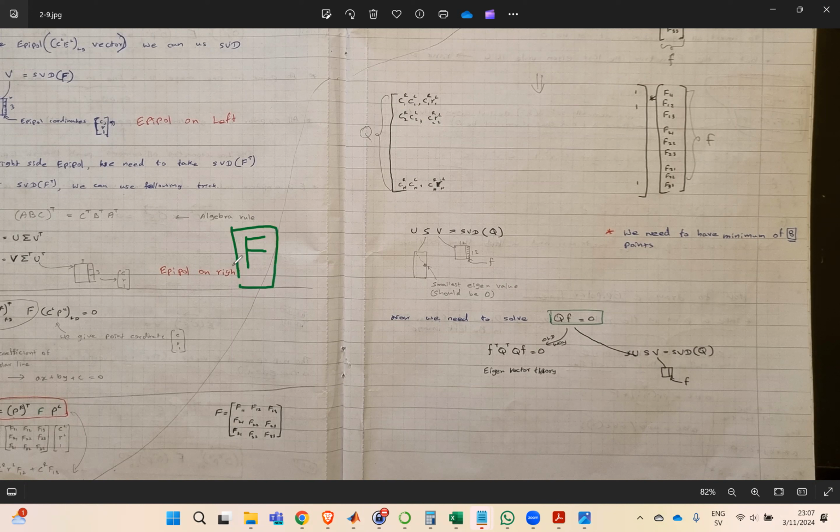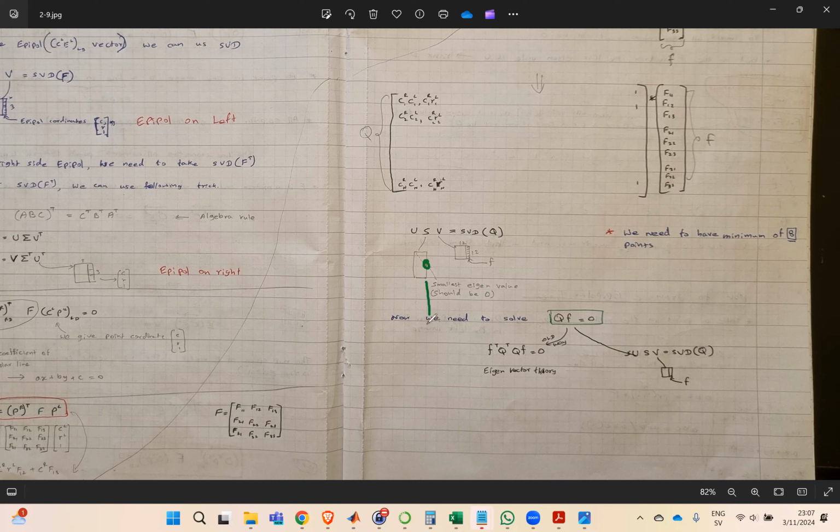The theory says F is not invertible, because one of its eigenvalues is 0. Where are the eigenvalues sitting in SVD? In S. The eigenvalues are arranged so that the last, smallest one is sitting at the bottom. So the 0 one should be this one, right? So what we do is we forcefully make it 0. If it is not 0, we make it 0.